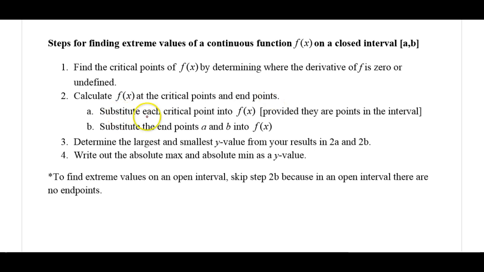So in other words, substitute each critical point into the function, provided that those points are in the interval that we're interested in, and then substitute the endpoints a and b into the function. And then in part 3, we have to determine which is the largest and which is the smallest y value from our answers in parts 2a and 2b. And then finally write out the absolute max and the absolute min as a y value.